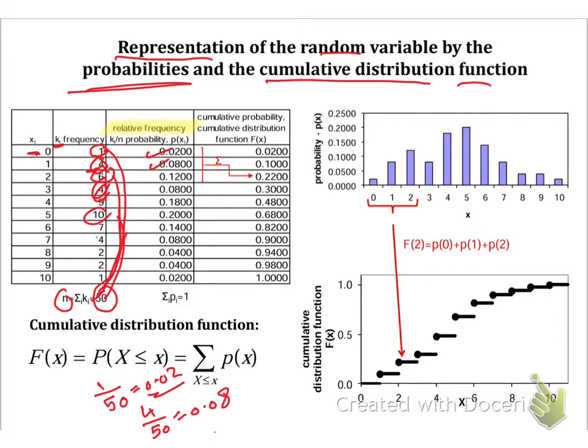Of the two properties or criteria which must hold, one of them is that the sum of all these relative frequencies must add up to 1. So the sum of probability equals 1. If I add up all these numbers together, I'll get 1. You can try on the calculator. In all cases, the sum of the probability will be 1.